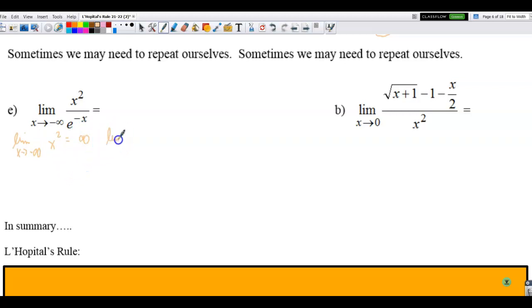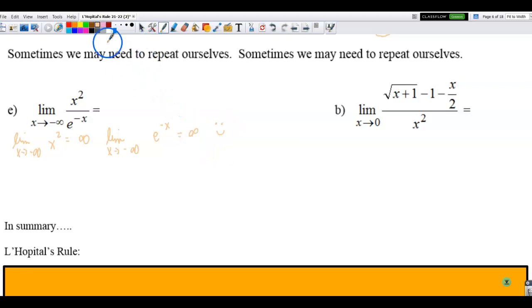And the limit as x goes to negative infinity of e to the negative x, so I have negative infinity, negative x, that would be e to the positive infinity, which is going to infinity, so I have infinity over infinity, so I can apply L'Hopital.